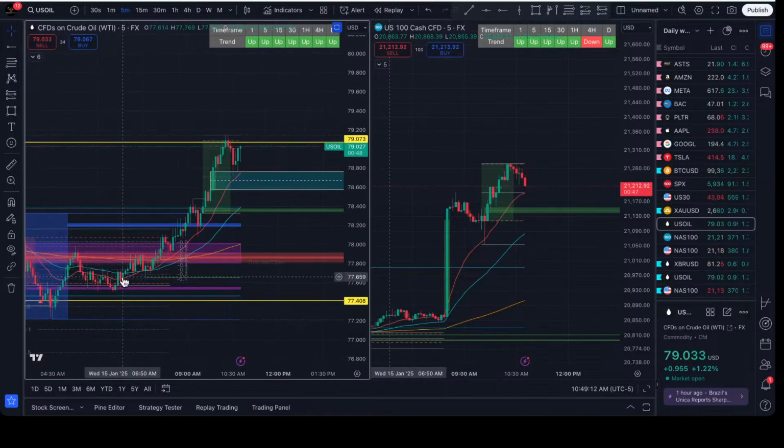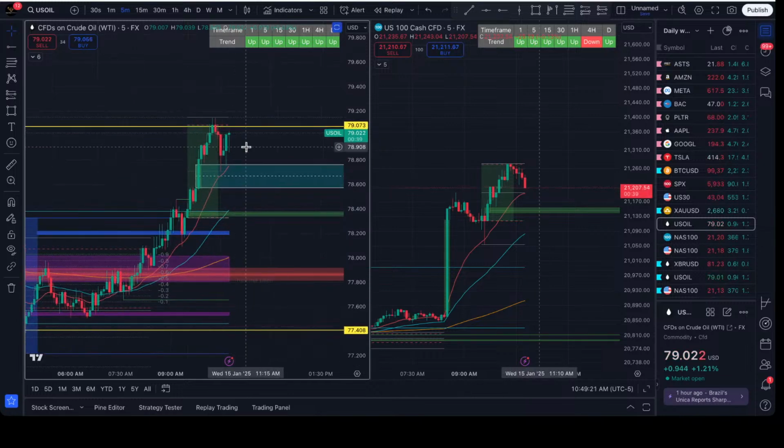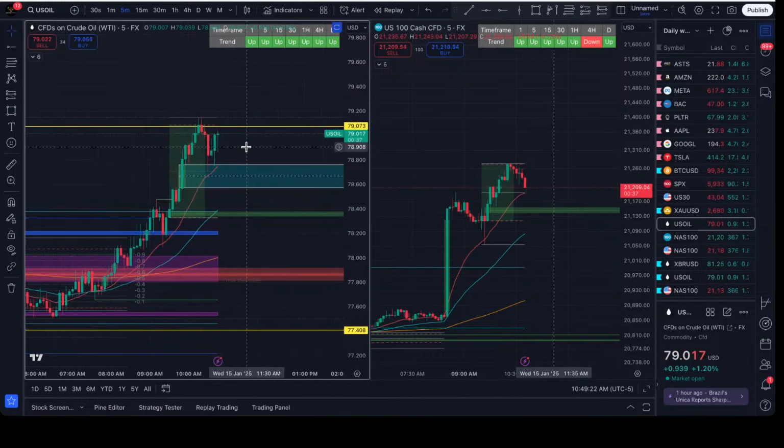About 10 minutes from 11. Let's see if we get a confirmation on oil. No fair value gap created here on the 5M.